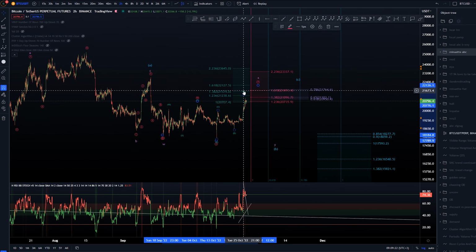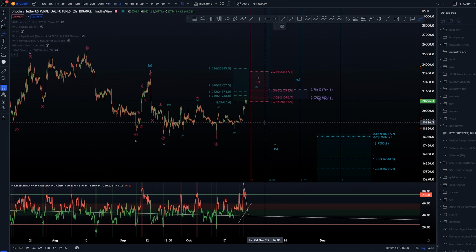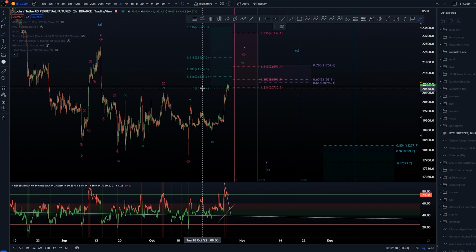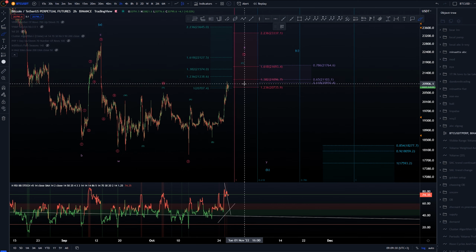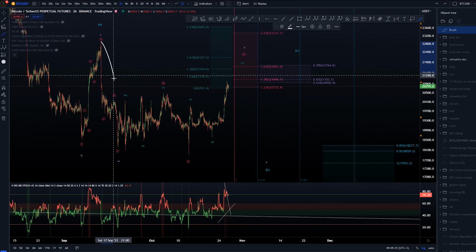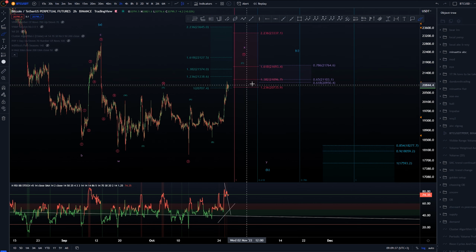We have some targets here for this ABC. Of course, we have hit the 1-to-1 here now, around the 20.7k, and now we are stagnating around this golden pocket that we hit, pulled from these highs to these lows.